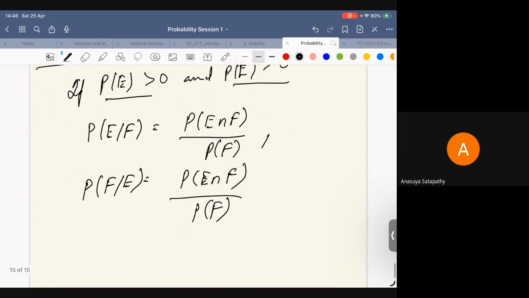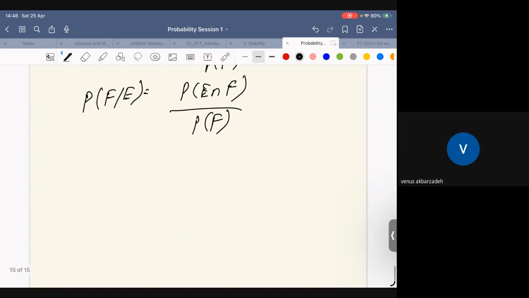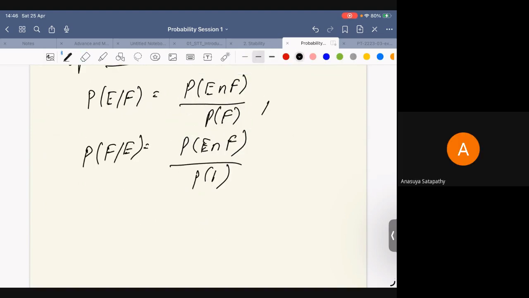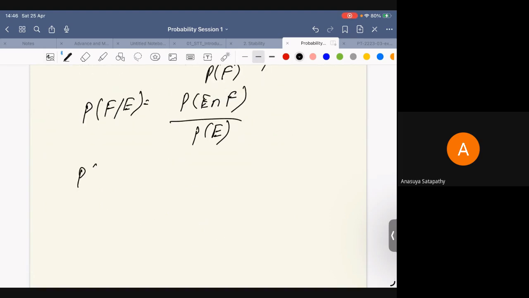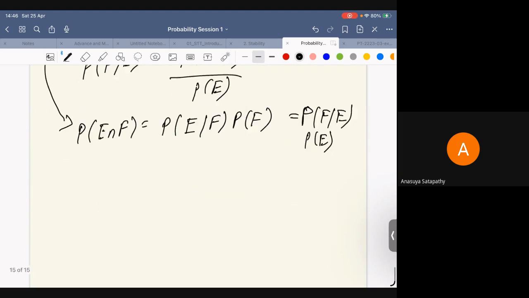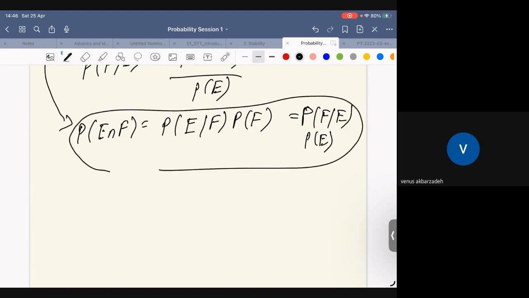Okay. Then from here you can also write E intersection F as P of E given F times P of F, which is equal to P of F given E times P of E. Can I write the same thing?